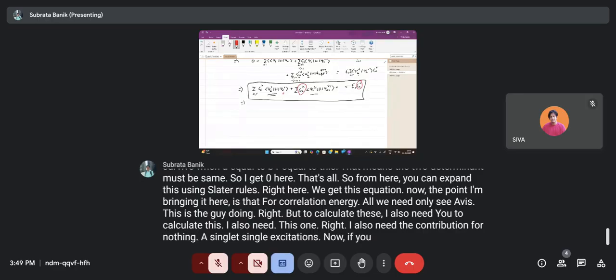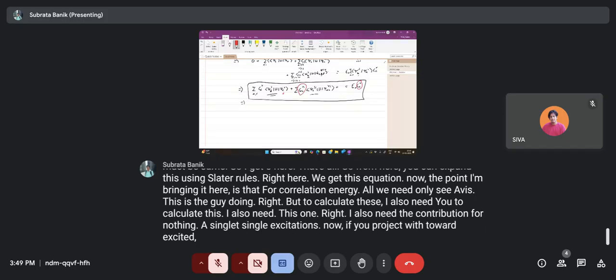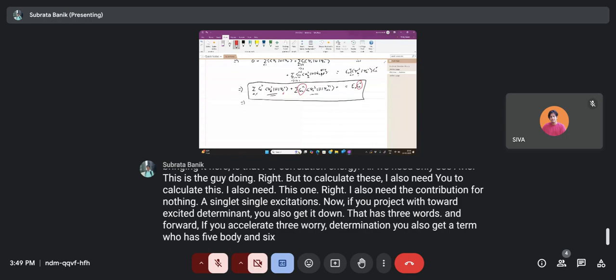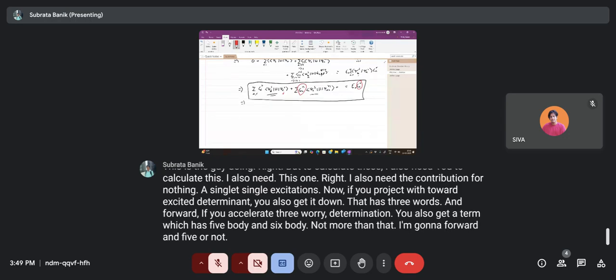Now, if you project with two-body excitation determinant, you also get a term that has three-body and four-body. If you excite with three-body determinant, you also get a term which has four-body and five-body, not more than that.